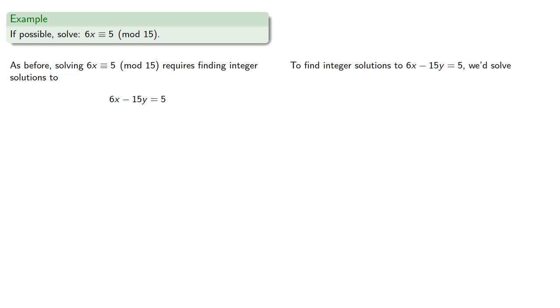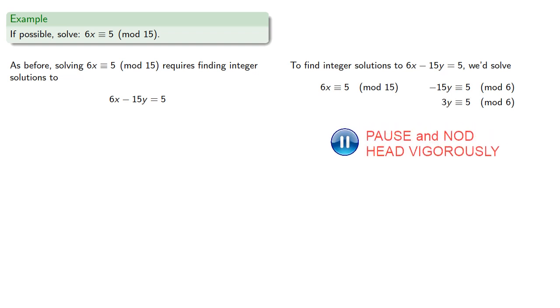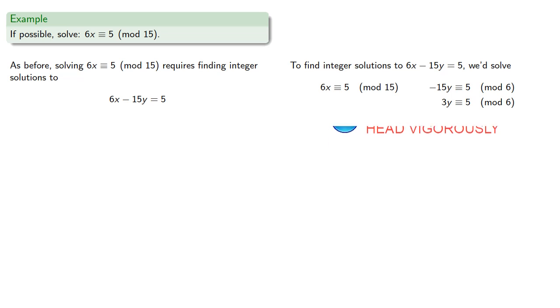So to find integer solutions to 6x minus 15y equals 5, we'd solve the congruences. And again, that first congruence is what we started with, and our second congruence can be simplified. So we need to find integer solutions to 3y minus 6z equals 5.